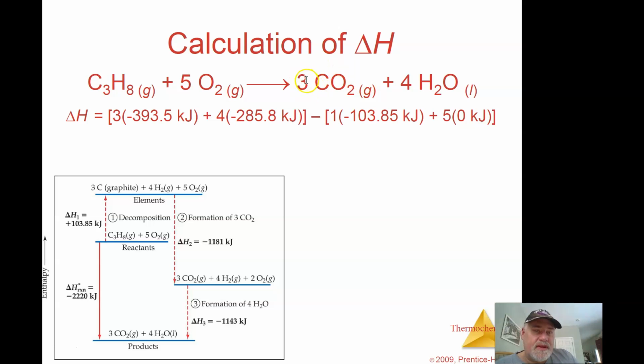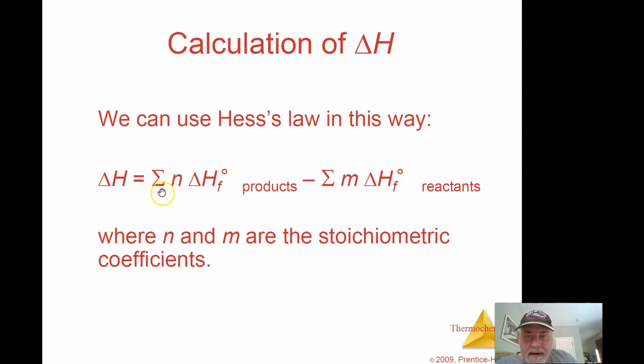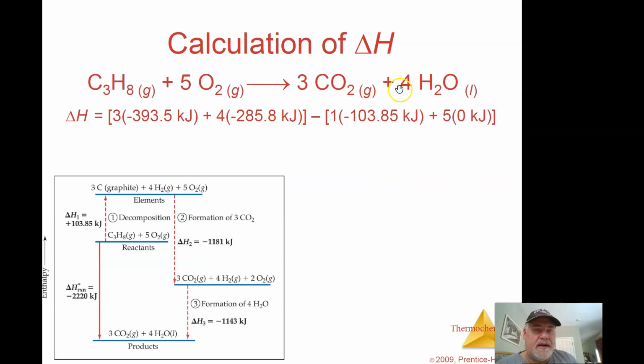So notice there's a 3, and that's what they mean by stoichiometric coefficients. There's 3 CO2s. Now you remember that negative 393 value that we talked about. So you can just add that up. That's what that fancy summation symbol means. It just means you're just adding them up. So add up your 4 waters. You'll find that in the back of the book or on the test that'll be provided.